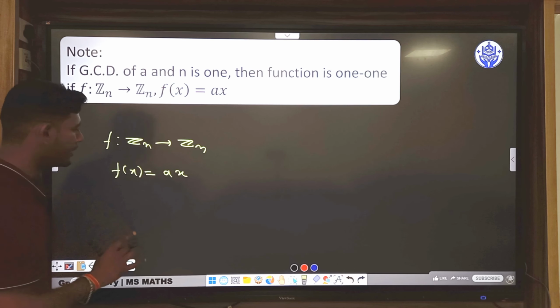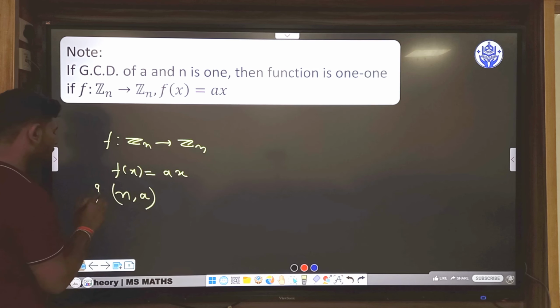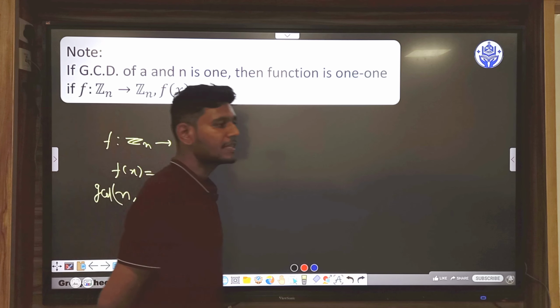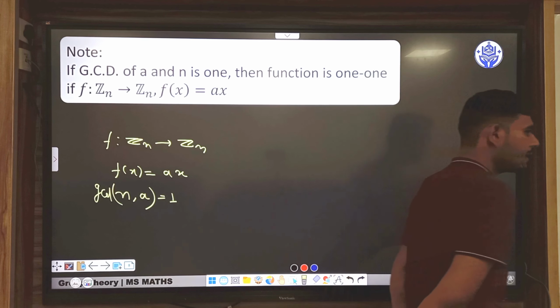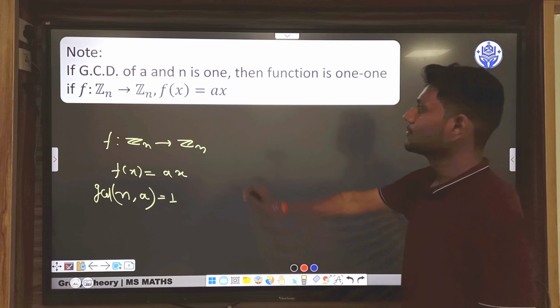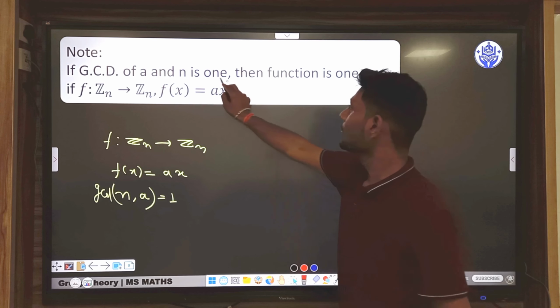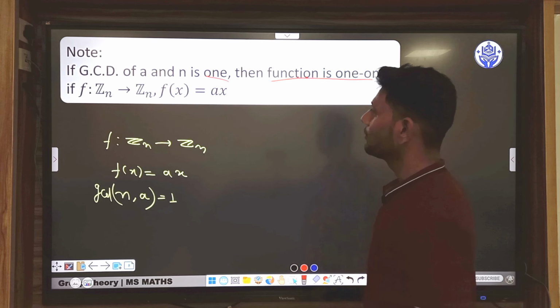Now I have two quantities here, n and a. If the GCD of these two is going to be 1, then my function will be one-one. So if the GCD of a and n is 1, then the function is one-one.